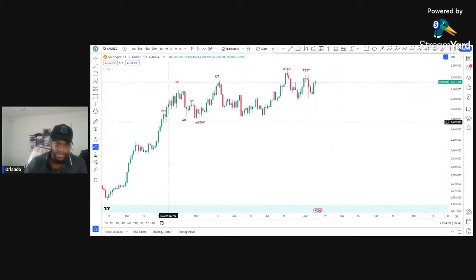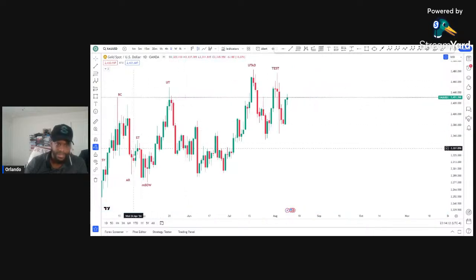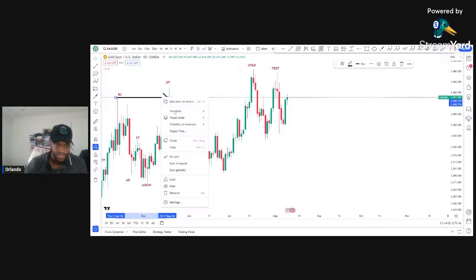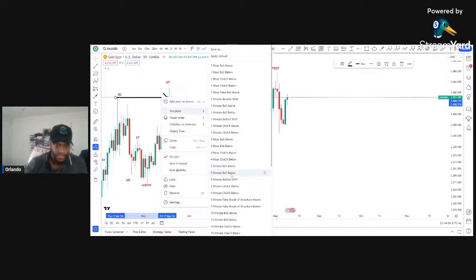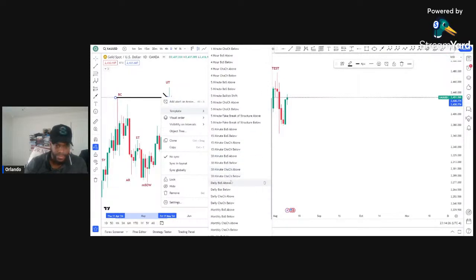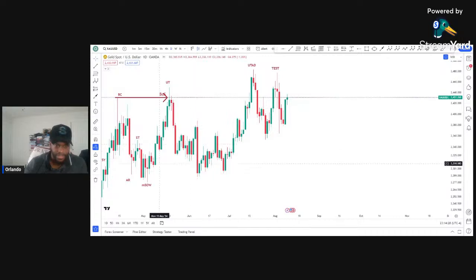Preliminary supply, push down, buying climax, automatic reaction, secondary test, minor sign of weakness. This is a breaker structure right here for the upthrust. And breaker structure. Breaker structure. Boom, came down to the demand zone. Cool.